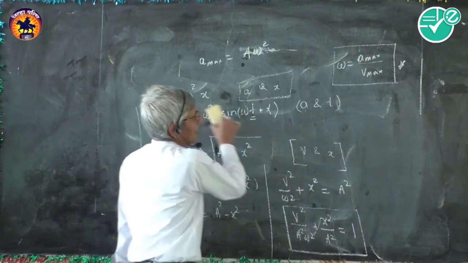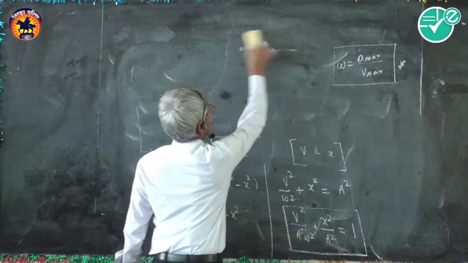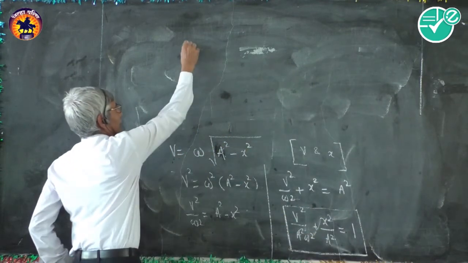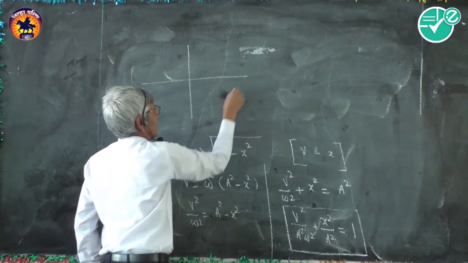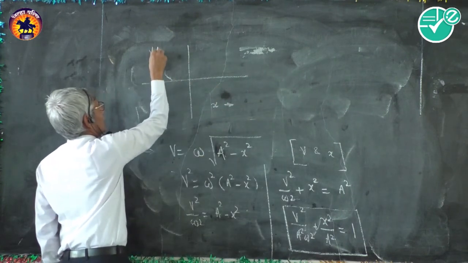So if we have the graph showing variation of these two variables, then x is taken along the x-axis while v is taken along the y-axis.